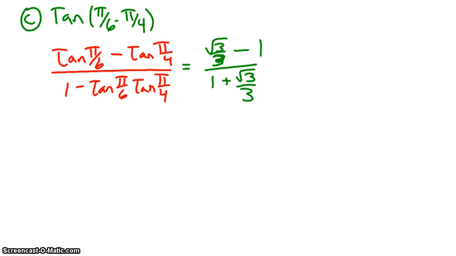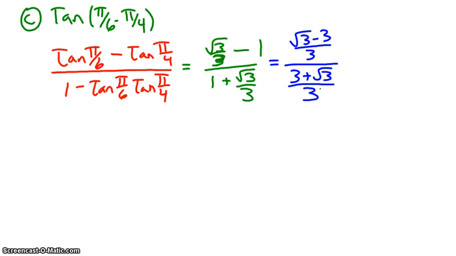Now, simplifying this out, it would probably be best to get common denominators. So a radical 3 minus a 3 all over 3 is over a 3 plus a radical 3 all over 3.